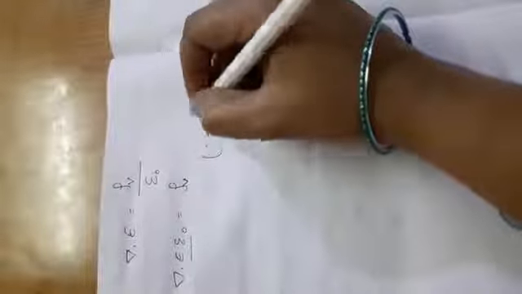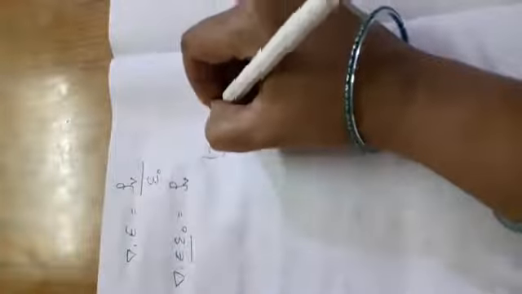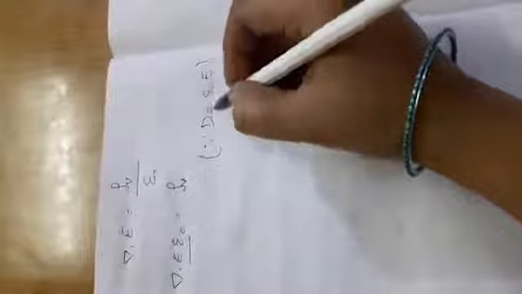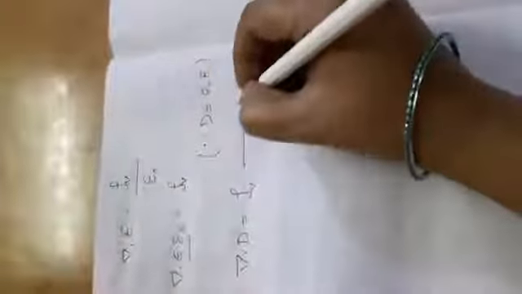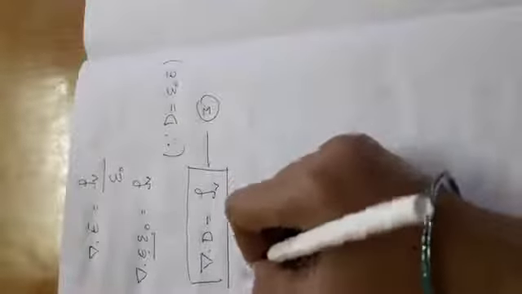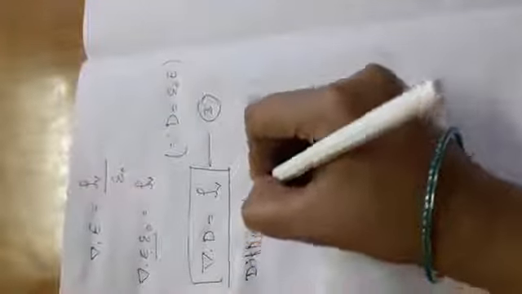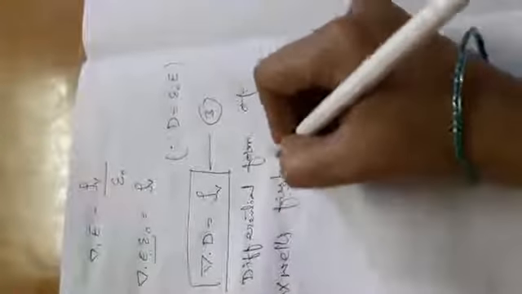So in your last classes we have studied that electric displacement D is equal to epsilon naught E. So we are replacing epsilon naught E by D. So del dot D is equal to rho V, and let us take this as equation number 3, and this is the differential form of Maxwell's first equation.